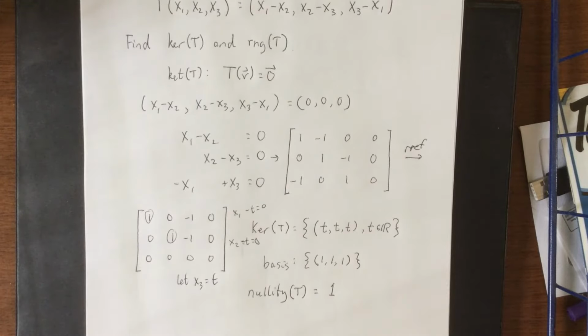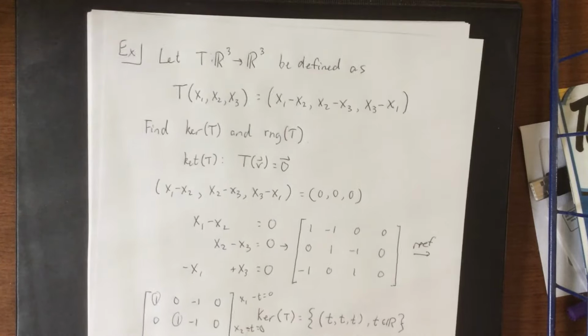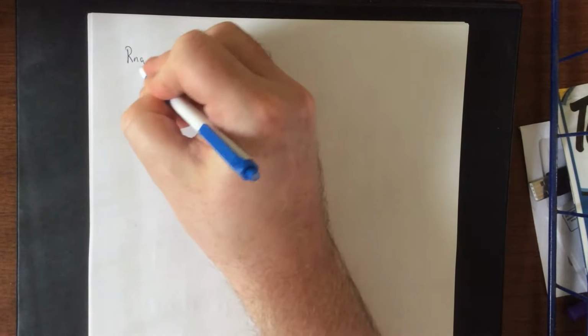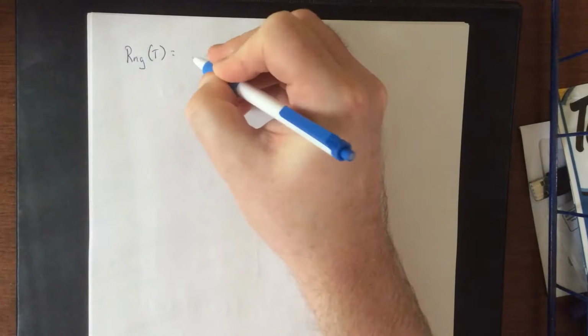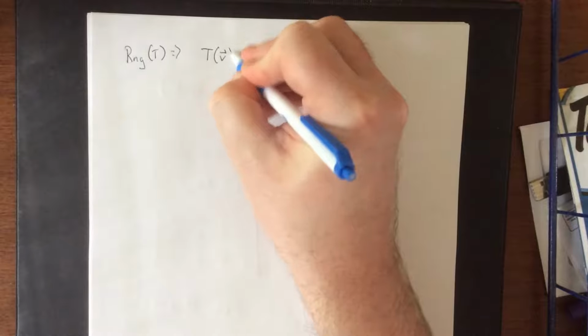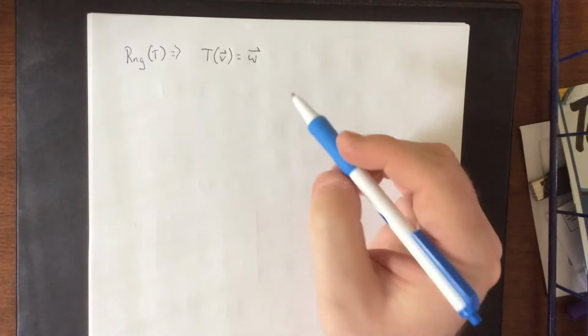Now, as far as the range is concerned, we're going to be setting up something very similar. I'll go ahead and flip over to the other side. For the range of T, this is where we are going to be finding all possible w such that w is an image of a vector v.